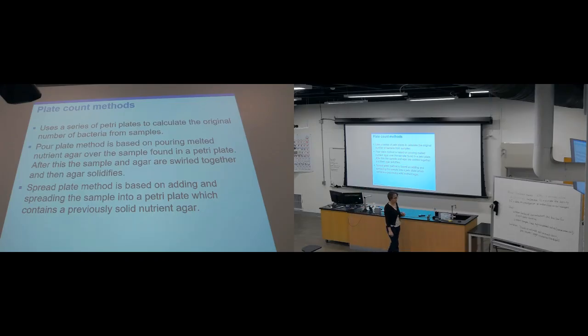In pour plate, you will have an empty Petri plate. You will add your sample in the middle. Then you add on top the melted agar, swirl it, let it solidify, and then you let it grow. This technique is useful for samples that are not heat sensitive. And it gives you, in a way, a more uniform growth within the agar than the other technique.